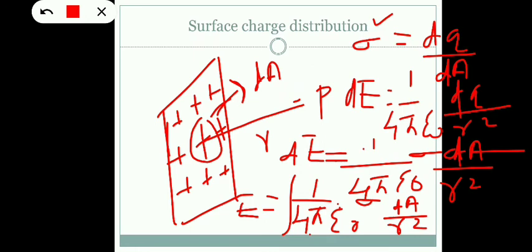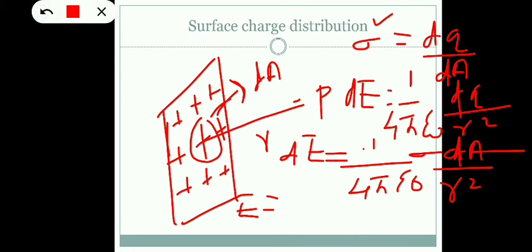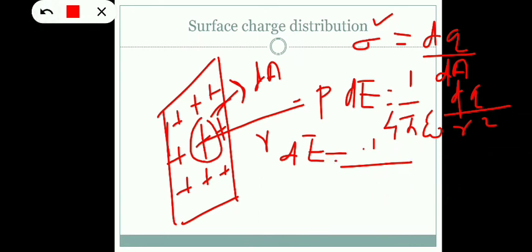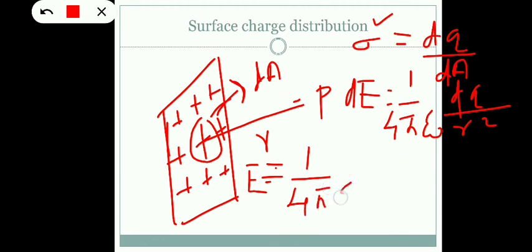Okay, and I told you this 1 by 4 pi epsilon naught is a constant, so it can be taken outside the integral sign. So what will be the expression for the total electric field at the point P? We can write the total electric field E is equal to 1 by 4 pi epsilon naught into integral sigma dA by r square.